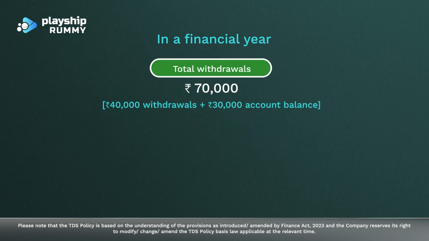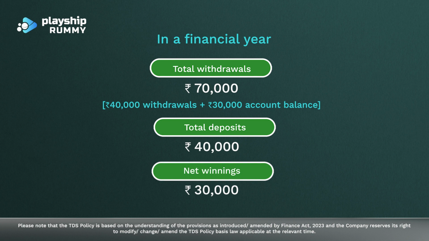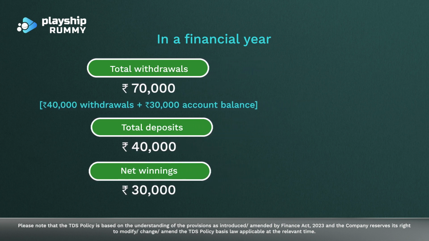So now the calculation will be done like this. Total withdrawals in the financial year is equal to rupees 70,000, that is rupees 40,000 withdrawals plus 30,000 account balance. Total deposit in the financial year is equal to rupees 40,000. Net winnings is equal to rupees 30,000.